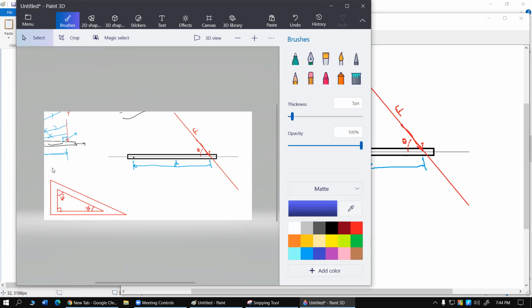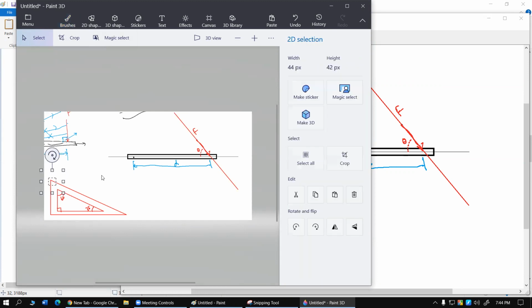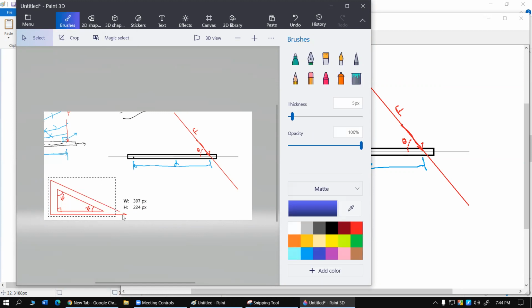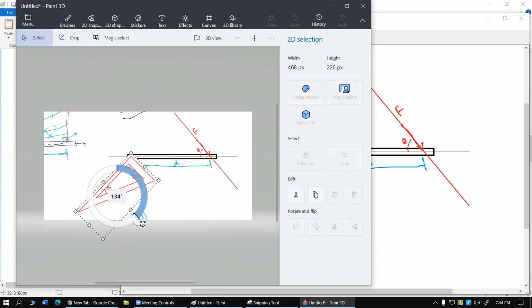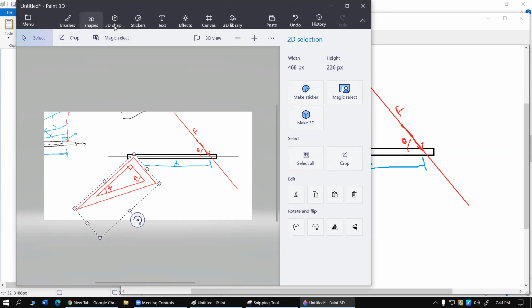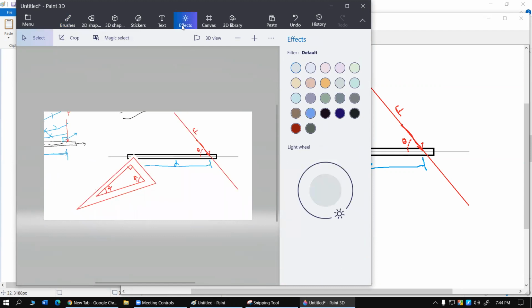And then select this much. Rotate. I want this to be transparent. I don't know how to make this transparent in this thing, but assume that this is transparent.